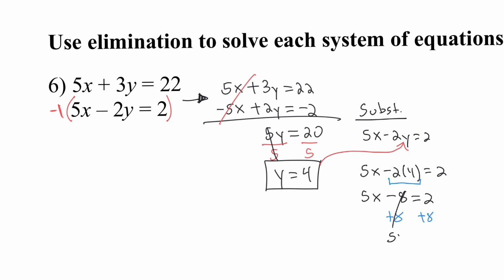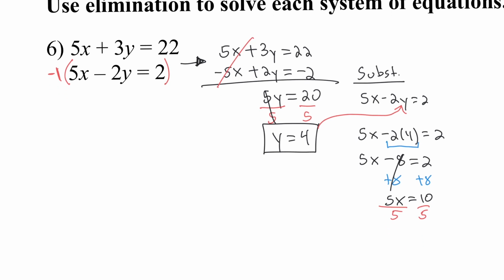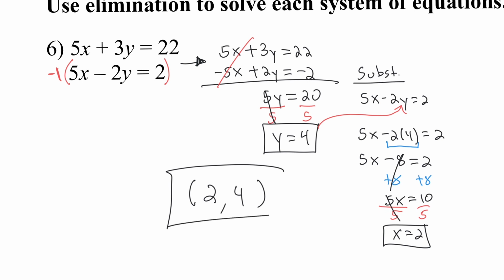So 5x equals 10. 2 plus 8 is 10. Divide by 5. And that will make x. Let me just move this a little bit higher. x equals 2. So my solution, in parentheses, x goes first, and then the y right here. So you guys have the x and the y.